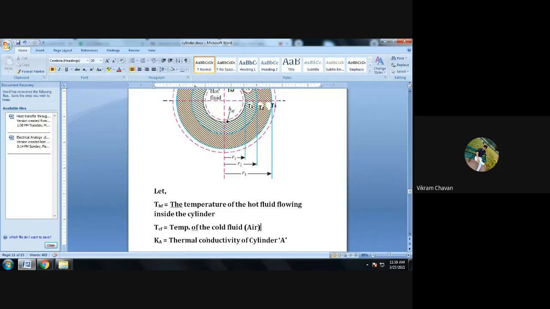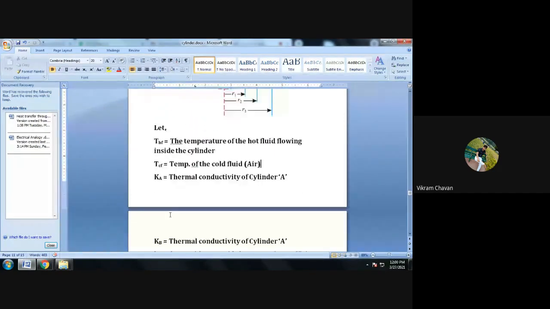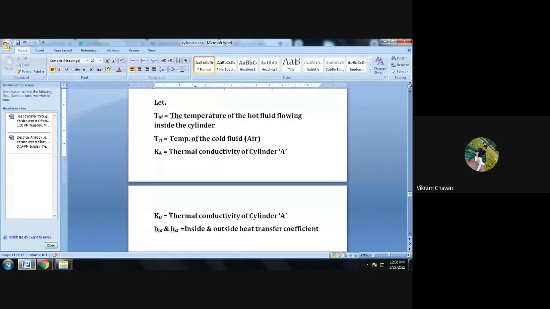Then K suffix A is equal to the thermal conductivity of cylinder A. K suffix B is equal to the thermal conductivity of cylinder B.